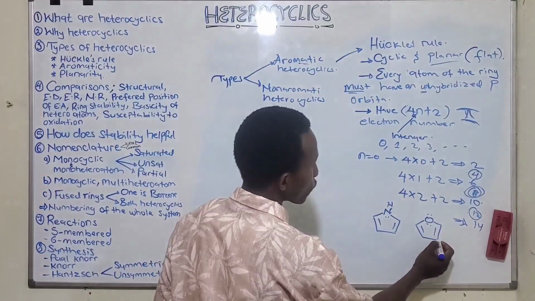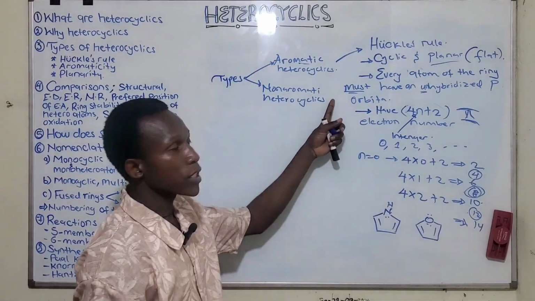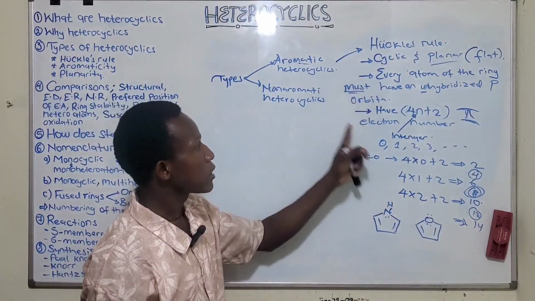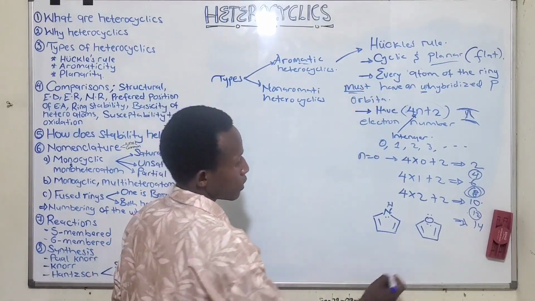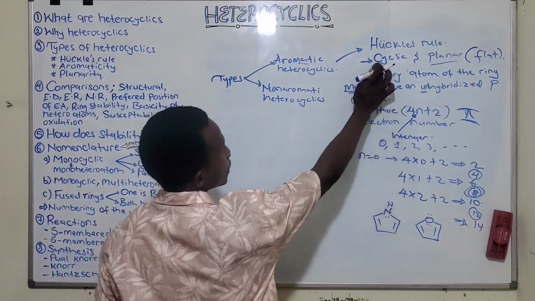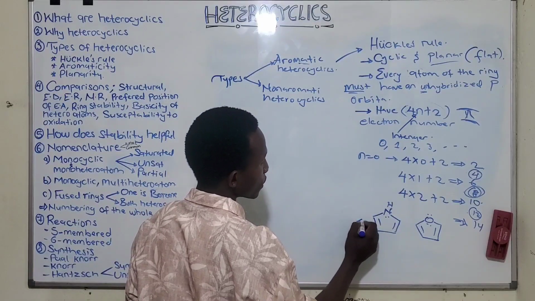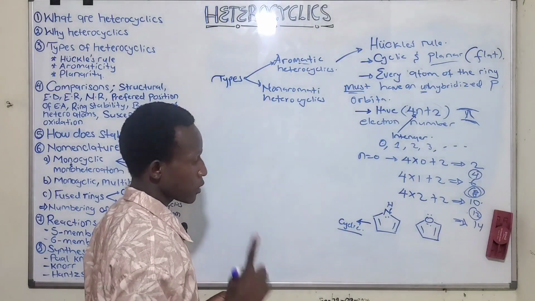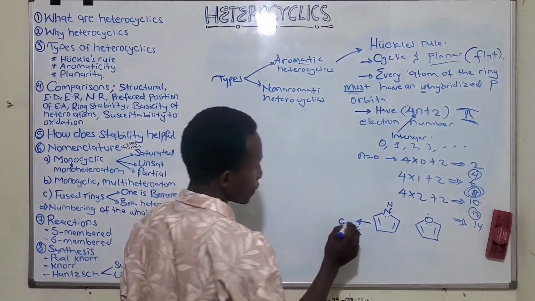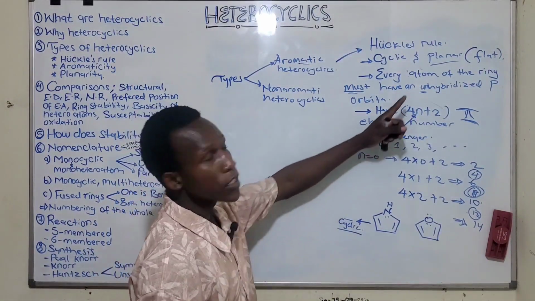So we want to prove: are they aromatic heterocyclics? Are they satisfying Hückel's rule or criteria? One, it is cyclic. For example, this one, it is cyclic. That is one. Is it planar?